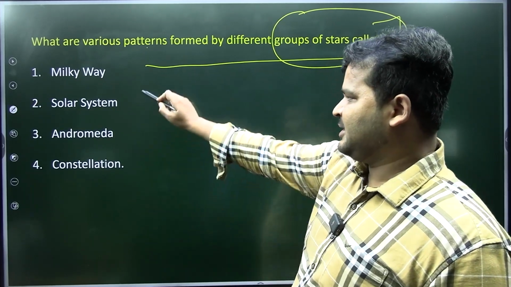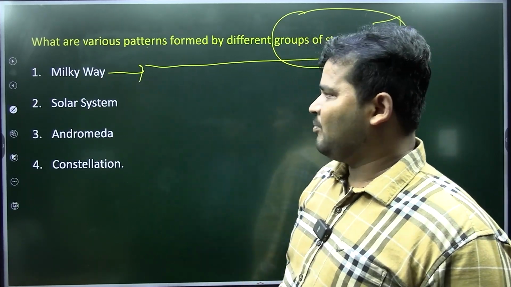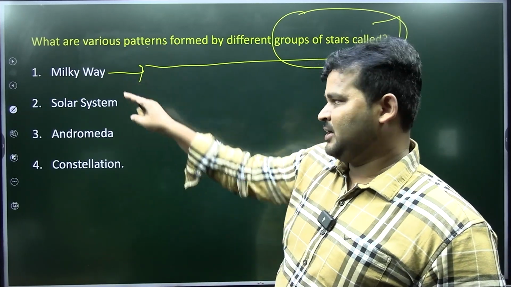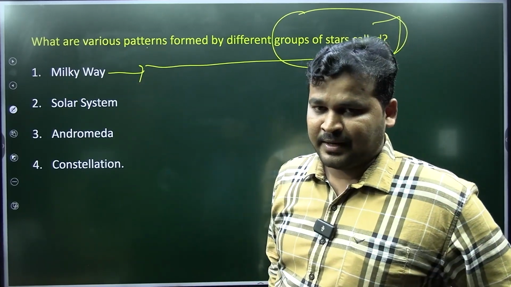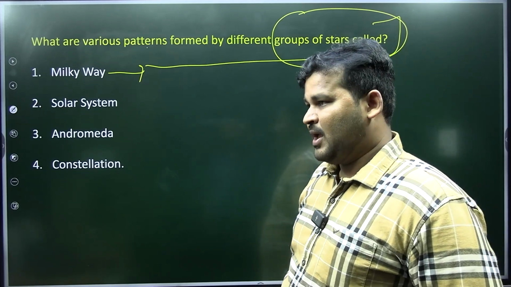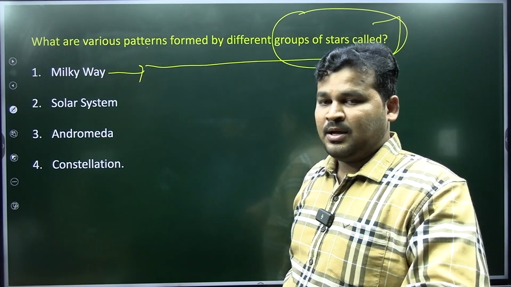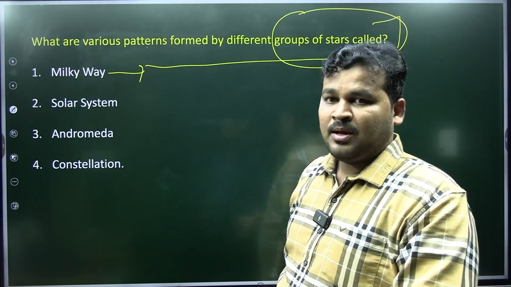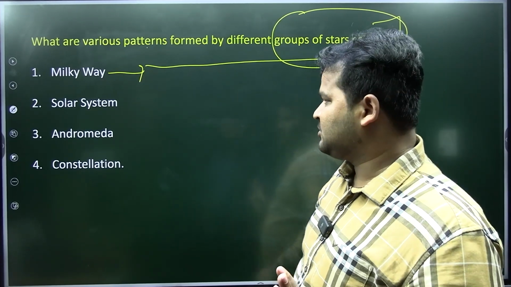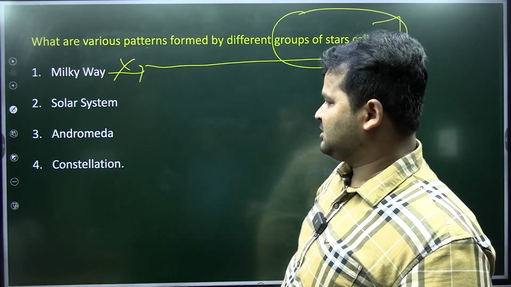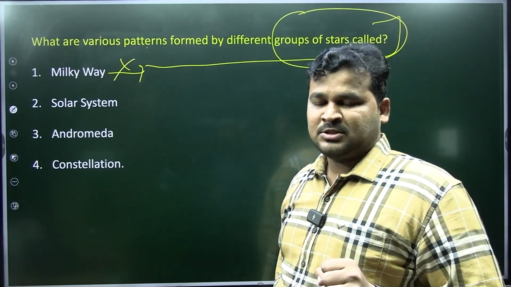Let me explain each one. 1. Milky Way. Our galaxy is known as the Milky Way, as we discussed in the definition for galaxy. A galaxy comprises billions of stars, planets, dust, meteoroids, meteors, asteroids. So this is going out. Solar system. What is the solar system?